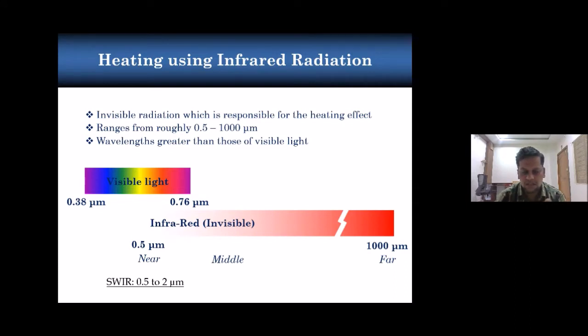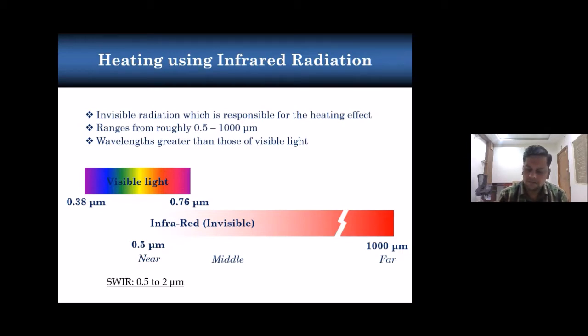Out of these three, short wave infrared is used for simulating the aerodynamic heating, like for heating any object. This short wave infrared ranges from 0.5 microns to 2 microns. From 2 to 100 microns, it is medium wave. This medium wave infrared heating is used for car paint drying, paper drying industry and all that.